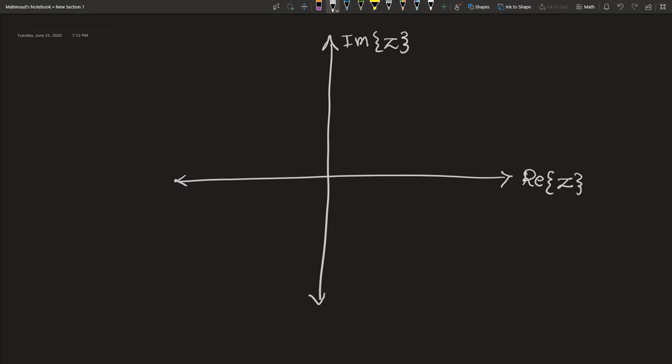Okay. Now, any point in the plane, let us say, for instance, this point will have two components, right? We'll have a horizontal component and we'll have a vertical component. This horizontal component, my apologies, is in fact A, which is the real part of the number Z. And the vertical component is B, which is the imaginary part of the complex number.